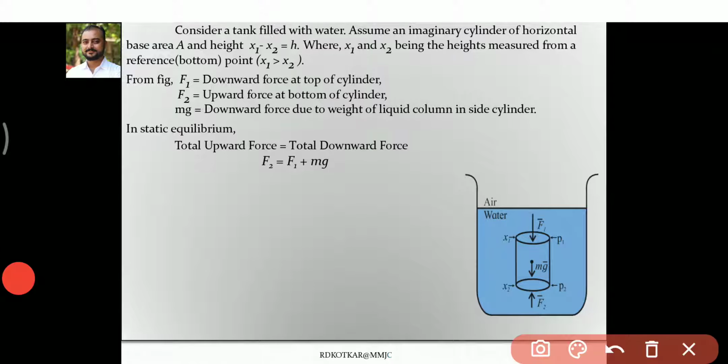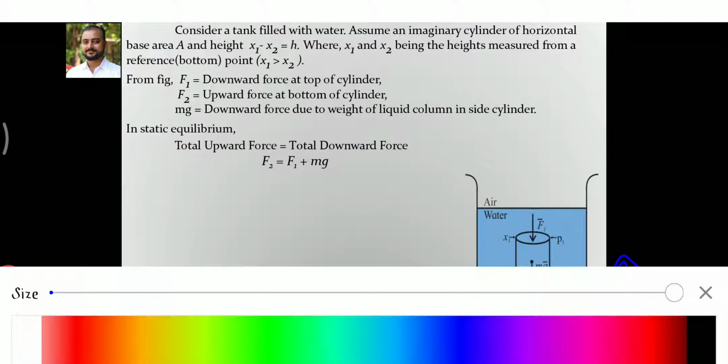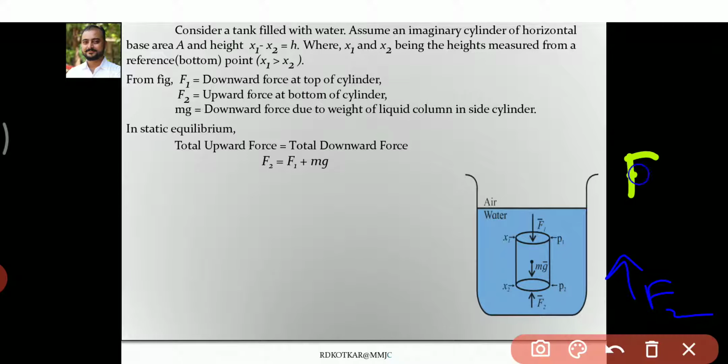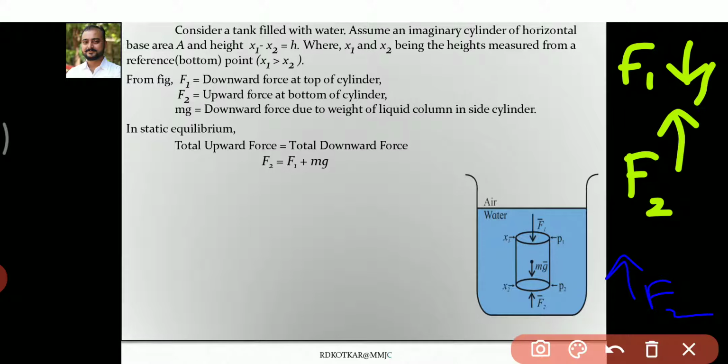As we observe in this diagram, the force F2 acts in the upward direction, while force F1 acts at the top of the cylinder, and the weight mg is also acting in a downward direction.